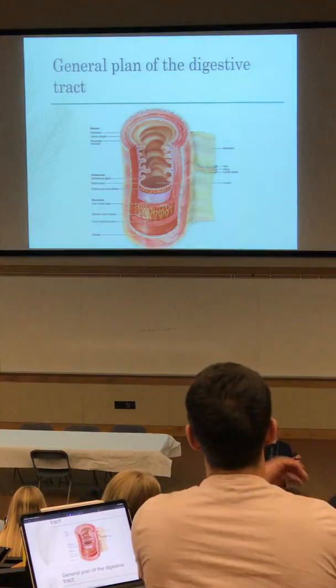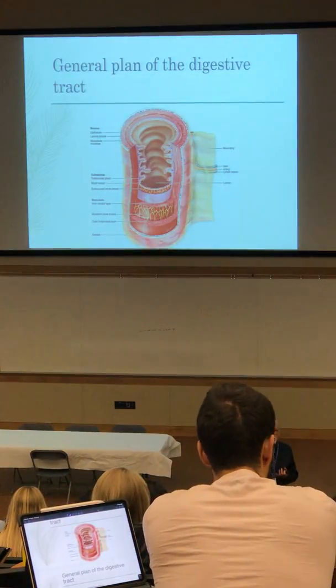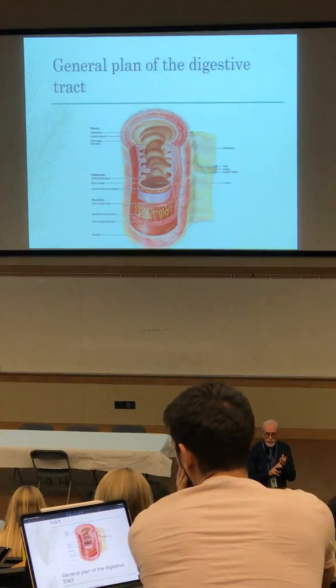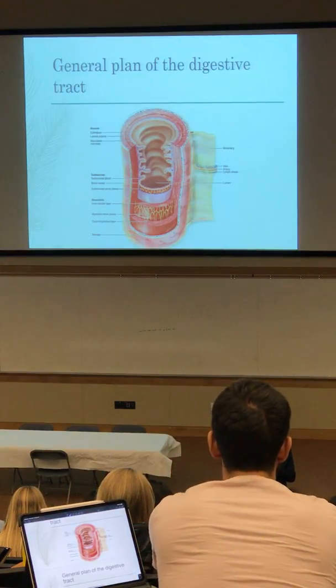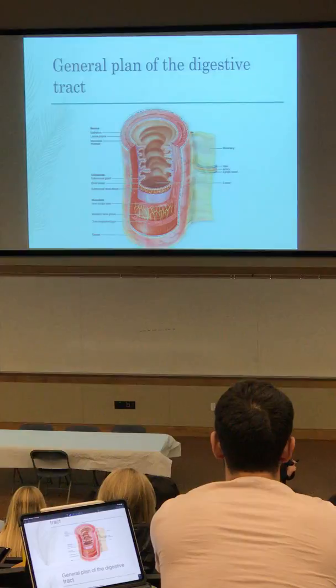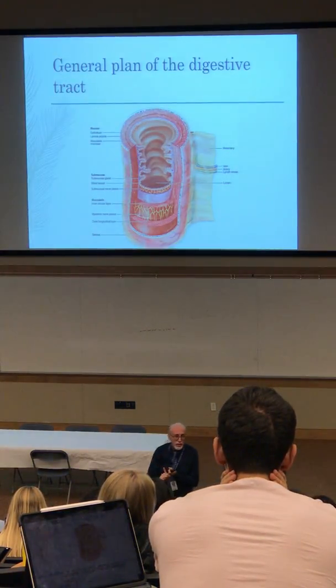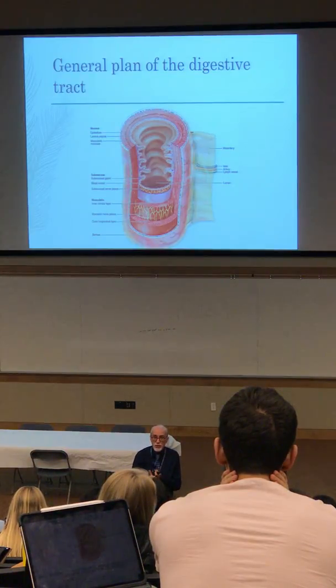Now, in most organ systems in the body, mucosa only consists of those two things, epithelium and lamina propria. But in the digestive tract, and only in the digestive tract, we add a third layer to the mucosa. So this is different from all the other organ systems in the body. We have a muscular layer that is also part of the mucosa, and we call it the muscularis mucosae.